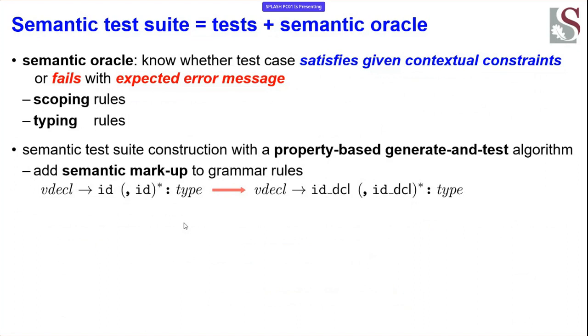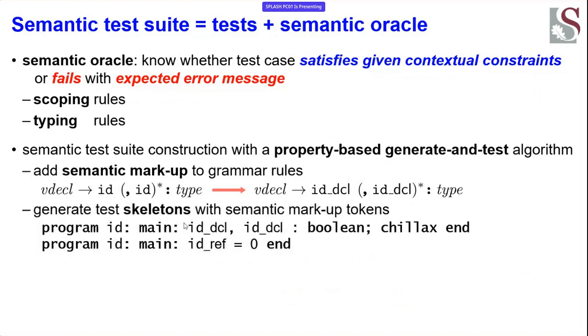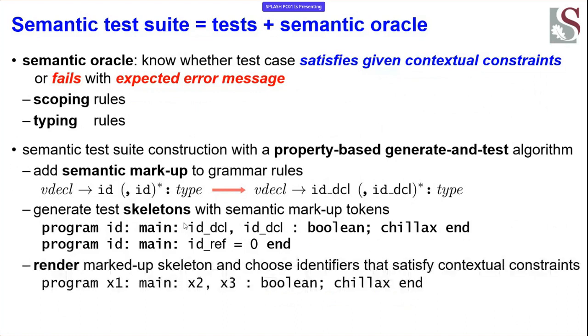So this is now a modified context-free grammar, just using different terminal and non-terminal symbols. We use that grammar to randomly generate skeletons that still contain this markup. And then we run a rendering engine over this that interprets this markup and produces the actual tokens, the identifiers.